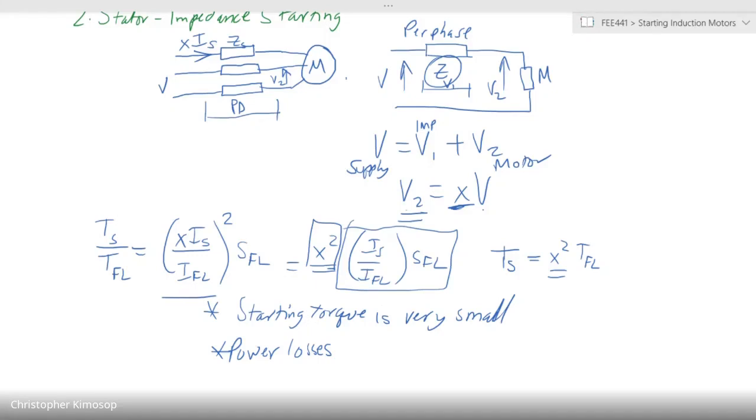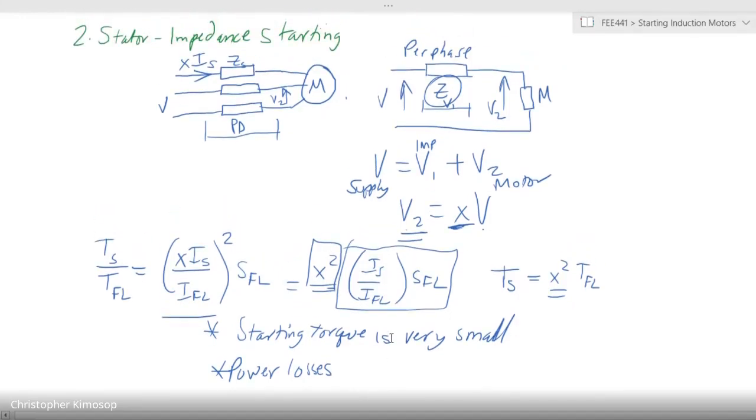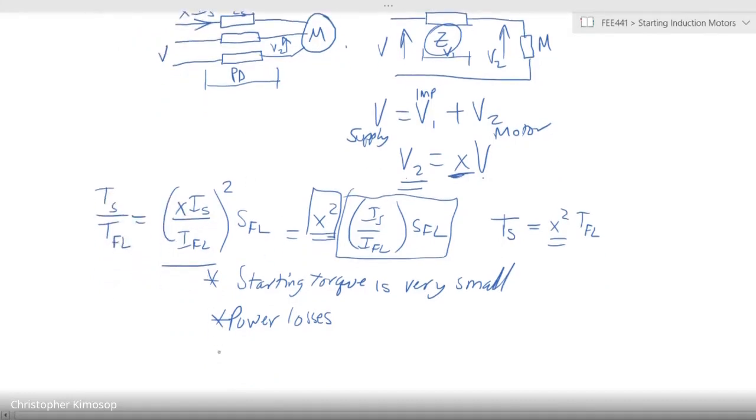The question here, won't we have a long starting period of the motor? Yes, you do have a long starting period of the motor because the motor takes time to attain its full speed. So actually that's one of the points that you will need to indicate, the starting time.